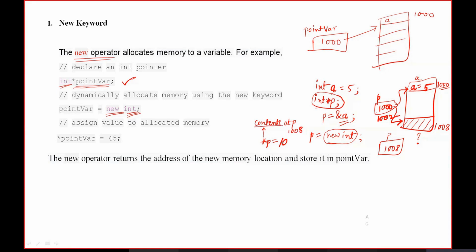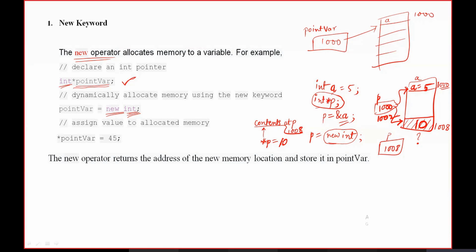So that means contents at 1008. What is the content at 1008? Nothing right now. So if I say star p is equal to 10, that means contents at 1008 will now be 10. Understood?